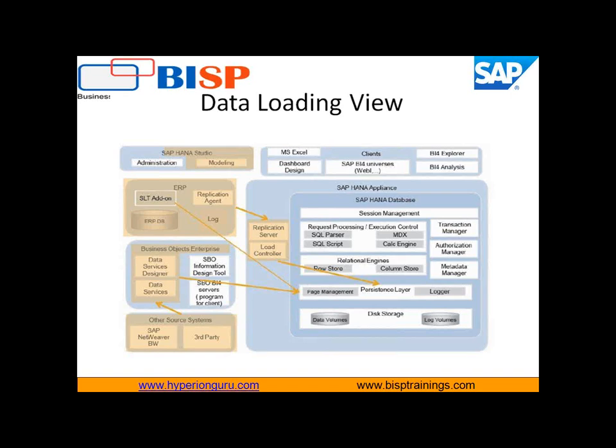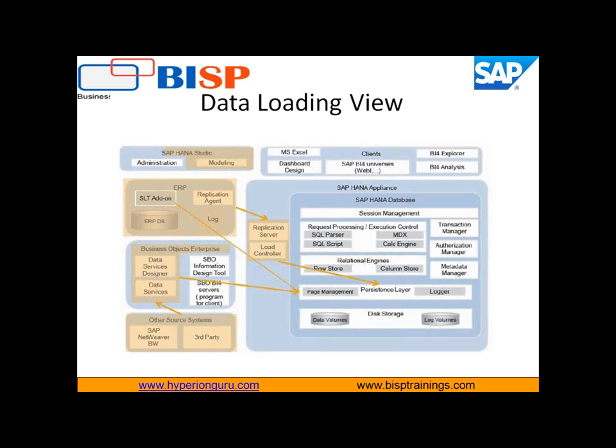What we have discussed till now was the basic database view, how the requests will be coming and how things are going to be sent. Let us see the data loading view, and what areas the system is going to work with. In the data loading view, the request will come from the modeling tool, that is HANA Studio, or the request might be from an application layer.